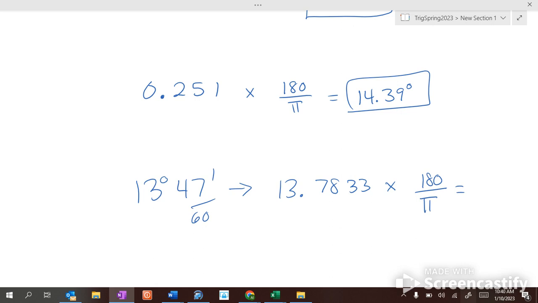And then multiply that by 180 and divide that answer by pi. Whoop, nope. What'd I do? Pi needs to be on the top because this is in degrees, and I want to get rid of my degrees as I'm changing to radians. So take 13.7833 times pi divided by 180.